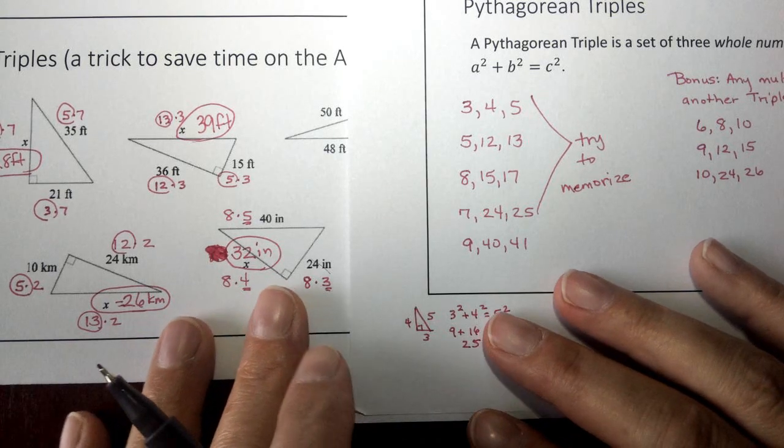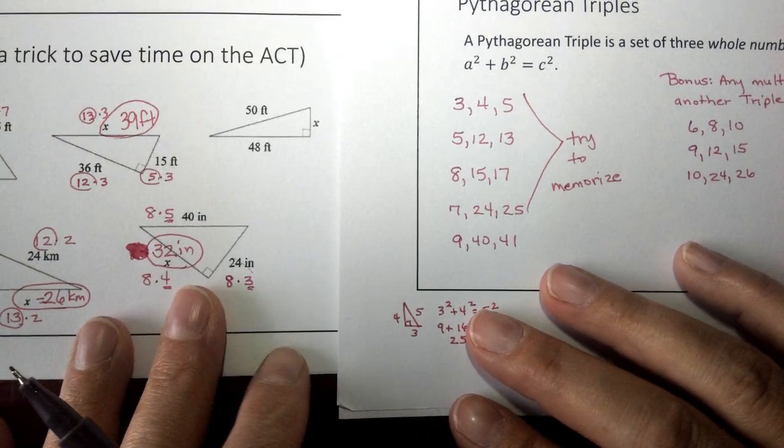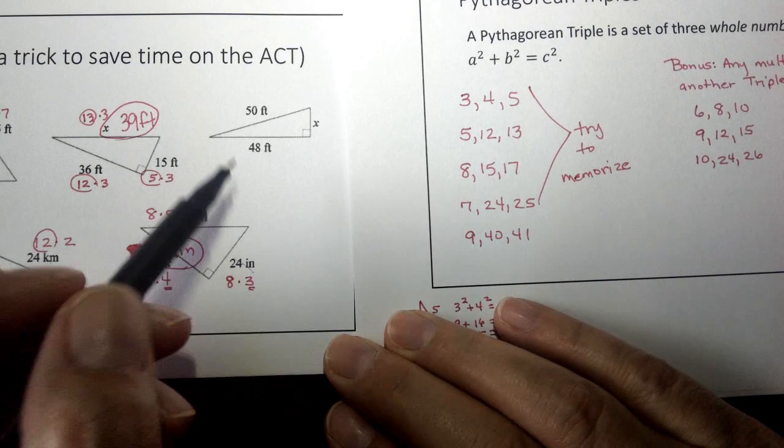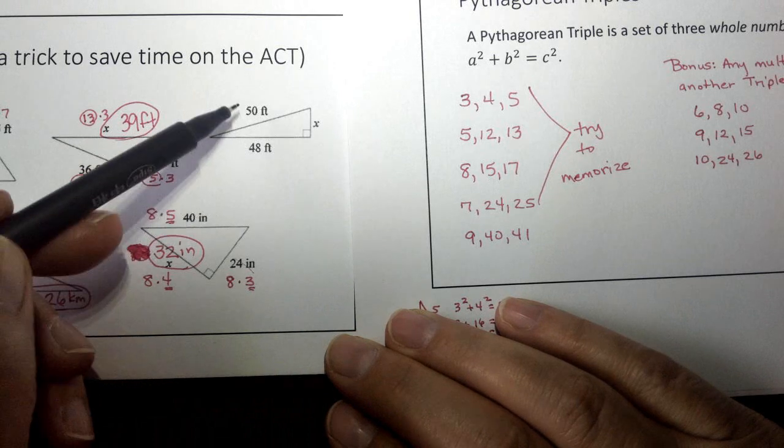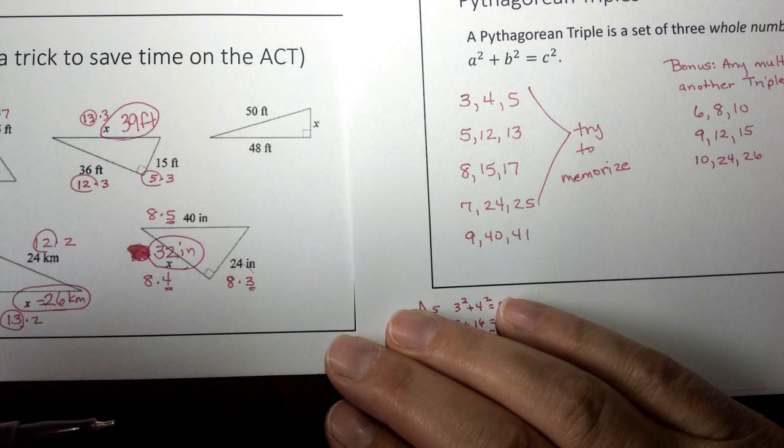Last but not least, one last example here. 48 and 50, not in my list. 48 and 50 are divisible by 2. That's the biggest thing.